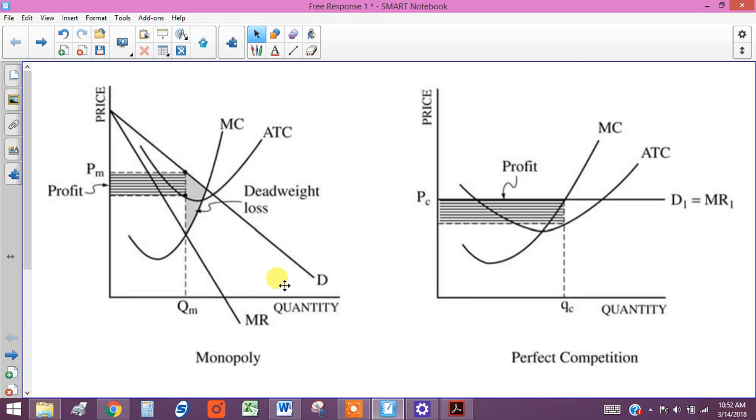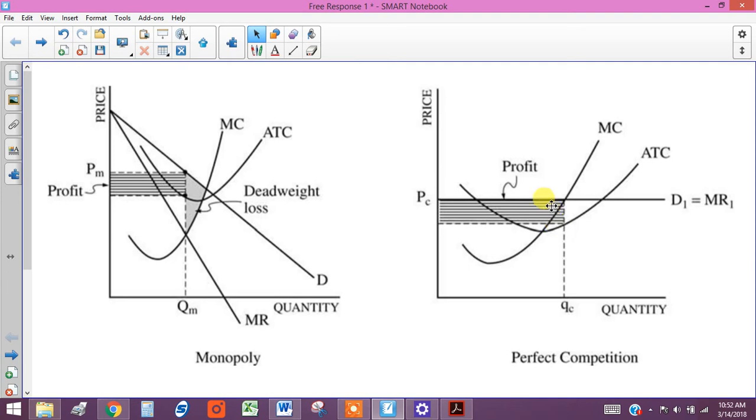But if more firms come into the market, that is going to make the supply go up. So it's going to shift the supply curve in the market to the right. And that shift in supply is going to push this price down to a point where we get to zero economic profit. So a perfect competitor in the long run is going to eventually earn zero economic profit.